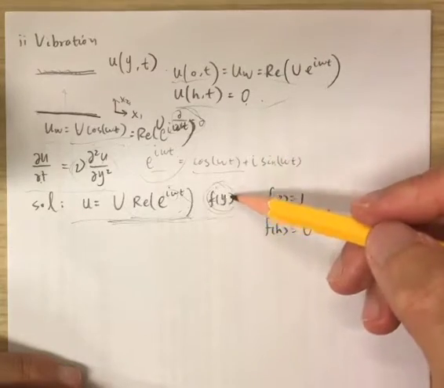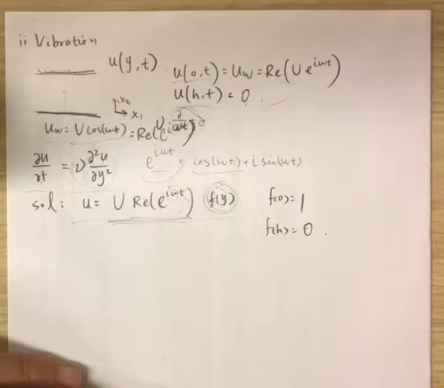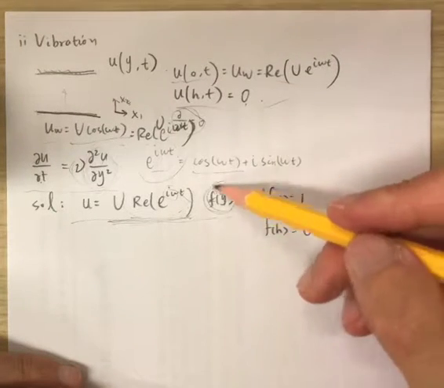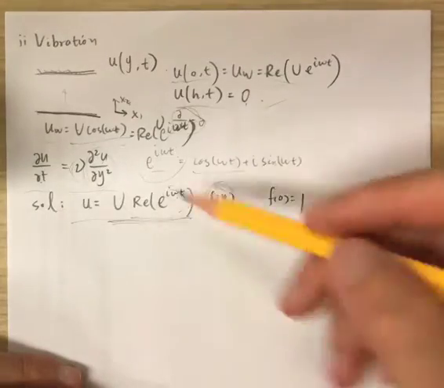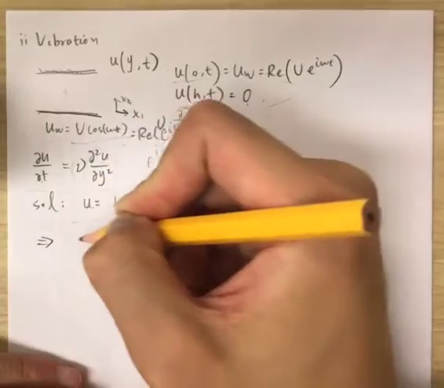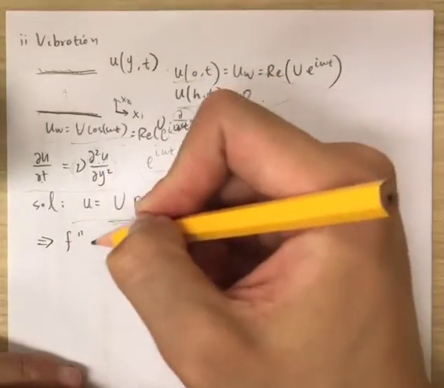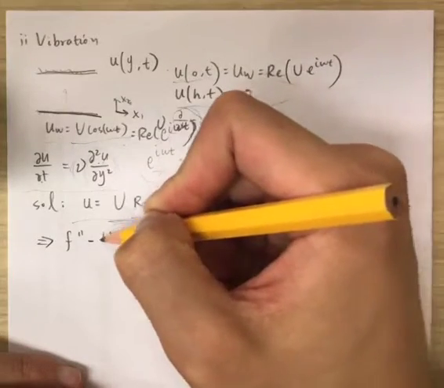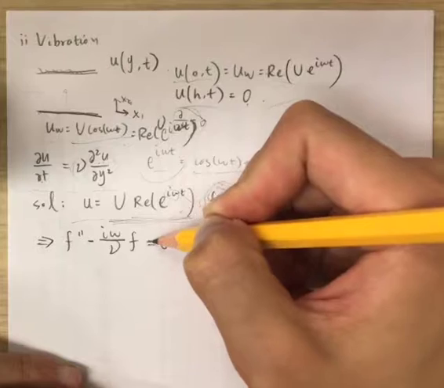So if I take the y derivative, only the derivative of this part is taken. So what I end up with, if I organize the form, is something like this: f double prime minus i omega over nu times f should give me 0.